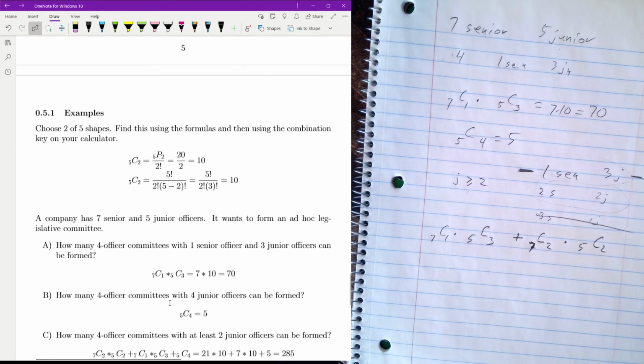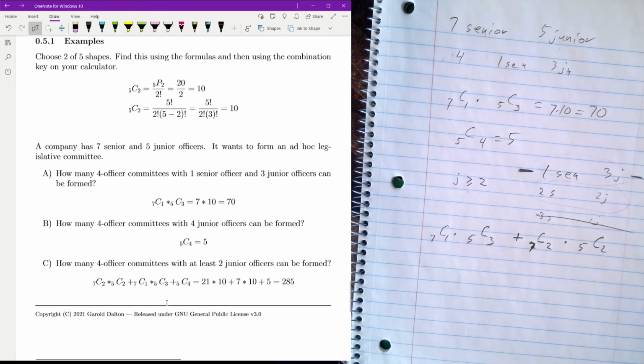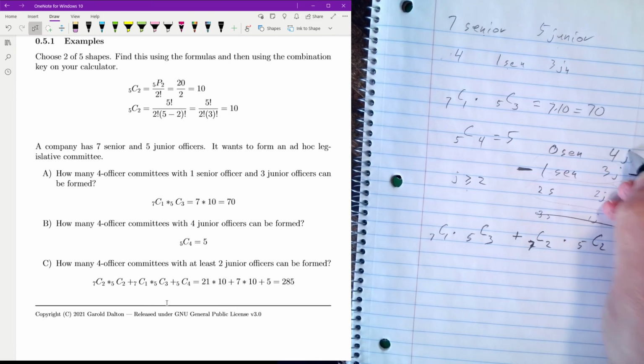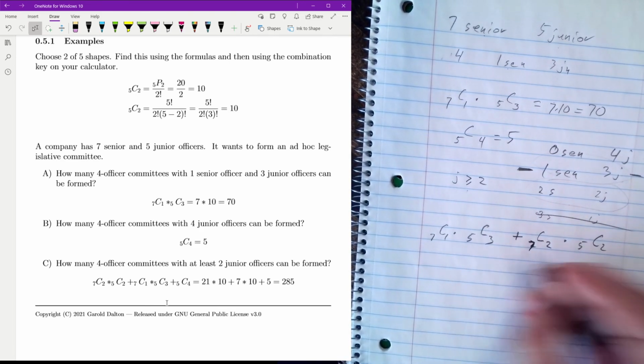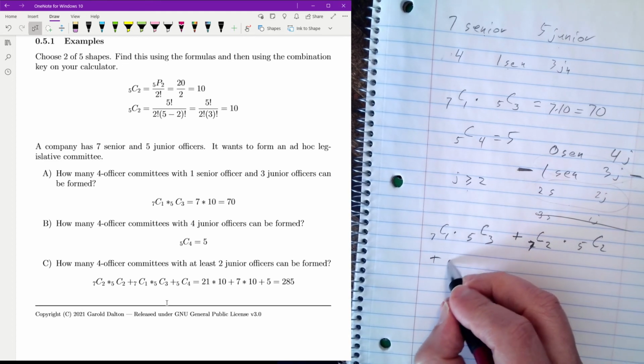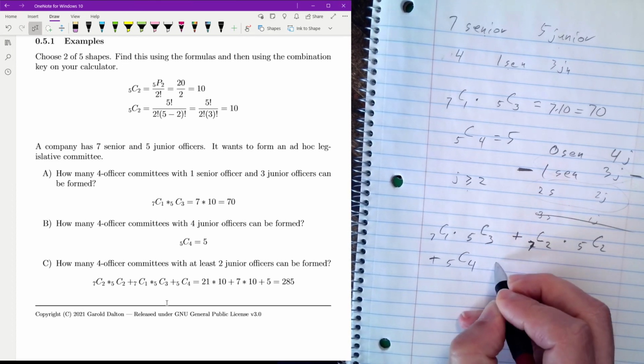Let's verify that we have all of this correct. So what we see is 7 choose 2, 5 choose 2, so plus. Oh, I guess I forgot a possibility. I could have a committee with 0 senior officers and 4 junior officers. I forgot that one. So plus 5 choose 4.